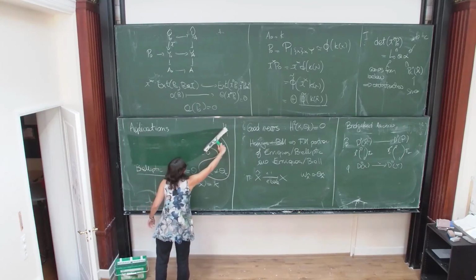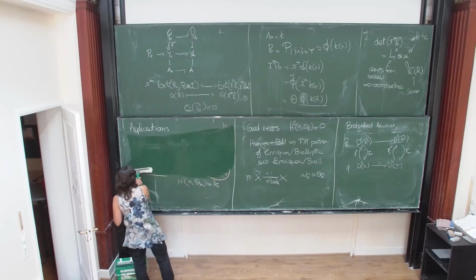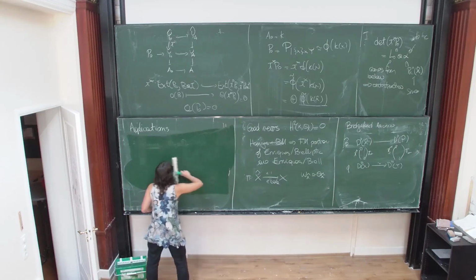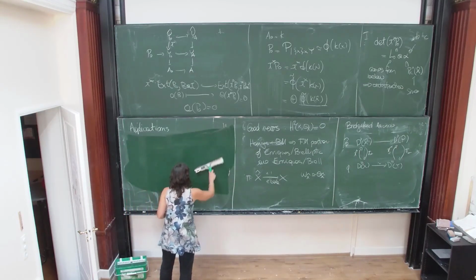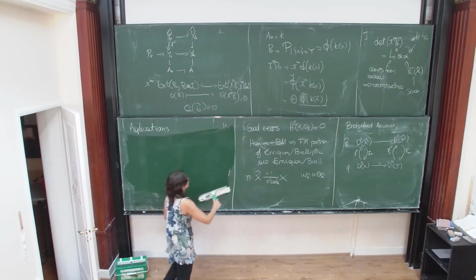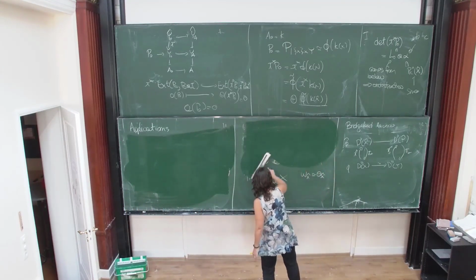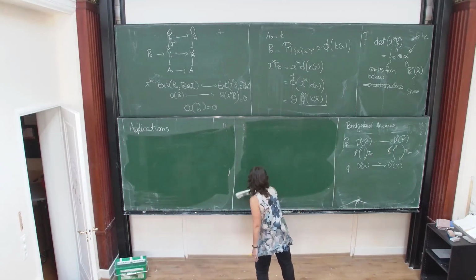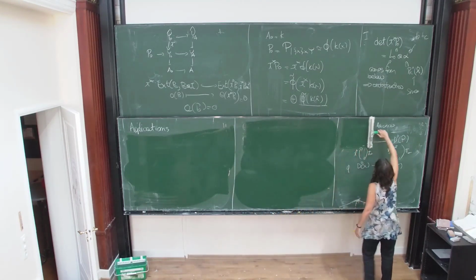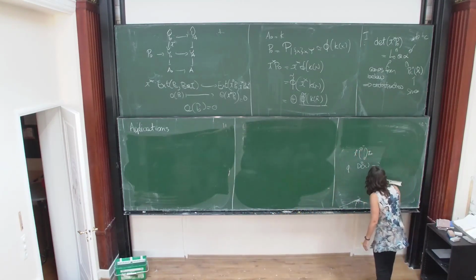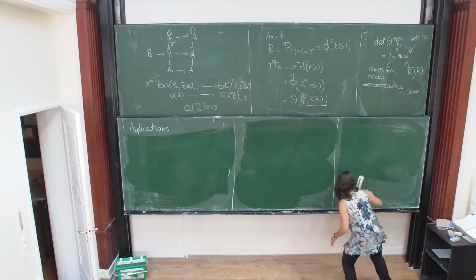Okay, and then in the last 10 minutes, I want to give you an application that is not in characteristic p. So if you are not a characteristic p person and you survived till now, then I give you this prize.